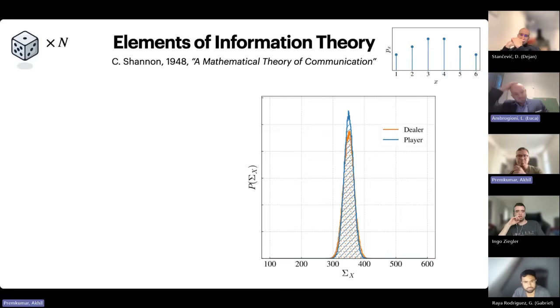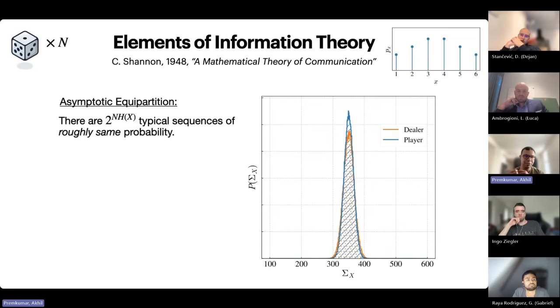So what I've just shown you is an example of the asymptotic equipartition principle, which is that there's a subset of typical sequences amongst all possible outcomes, which are going to be the most probable, and they will all have roughly the same probability if n is sufficiently large, right?